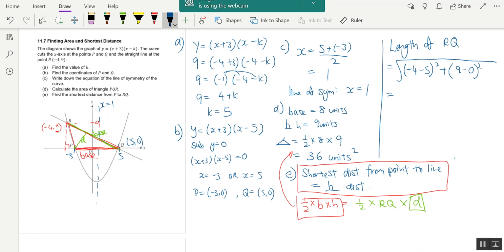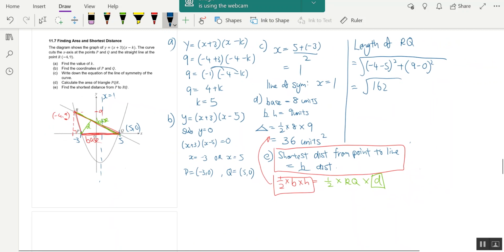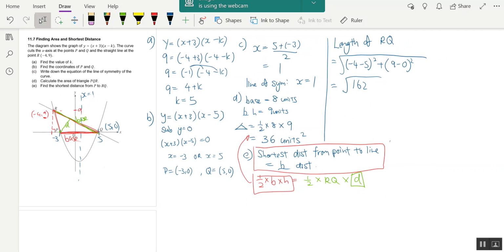Okay, so this will be equals to 81 plus 81, which is equals to square root of 162. Okay, 9 squared plus 9 squared equals to square root of 162. Now leave it as square root of 162 first, because they didn't ask for the length as the answer. If they ask for the length as the answer, then we evaluate it to 3 significant figures, but they didn't. Okay, so now we put it back.